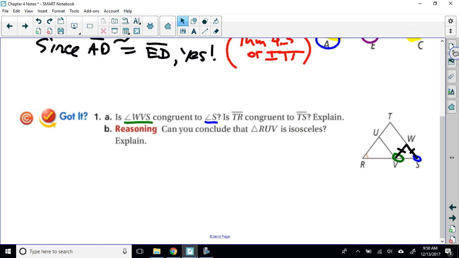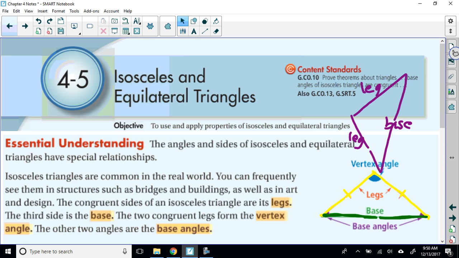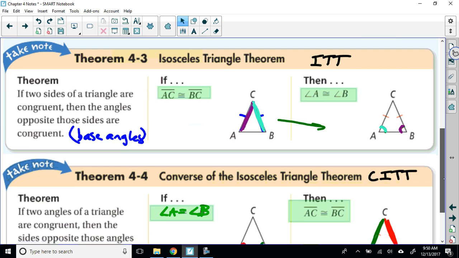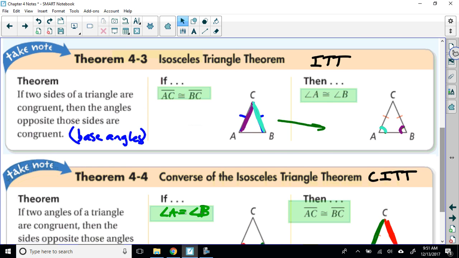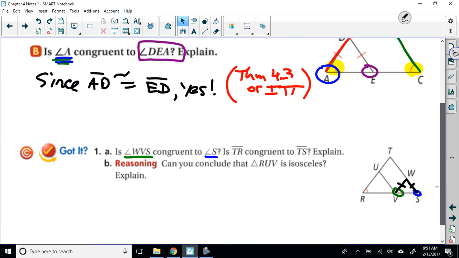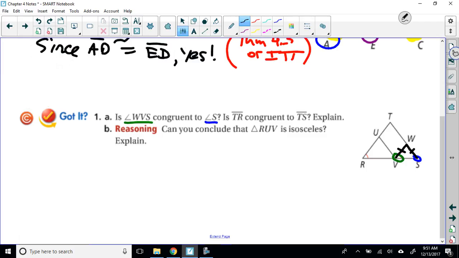So what's that going to be? If the sides are congruent, the angles are congruent, that's theorem 4.3, right? Cool beans. So part A is yes, theorem 4.3, the ITT.